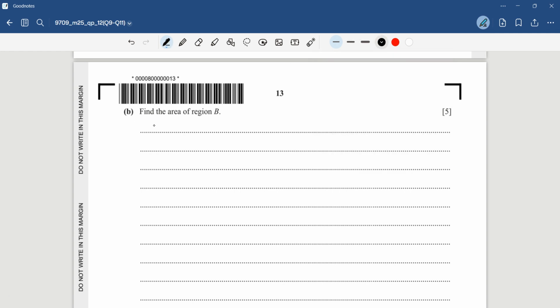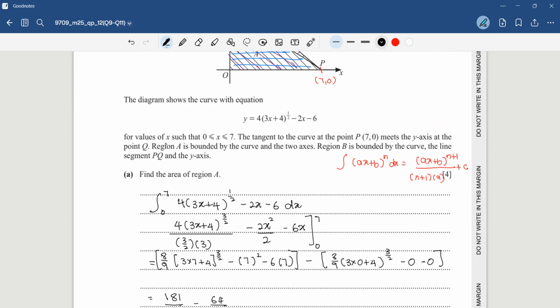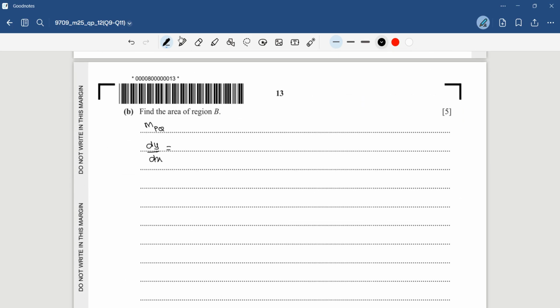So it's a straight line. In order to find the gradient of PQ, we can use the differentiation of the function. So we attempt to find the gradient of PQ first. So my dy over dx, the equation just now is, okay, I write the equation first. Let me find the equation.